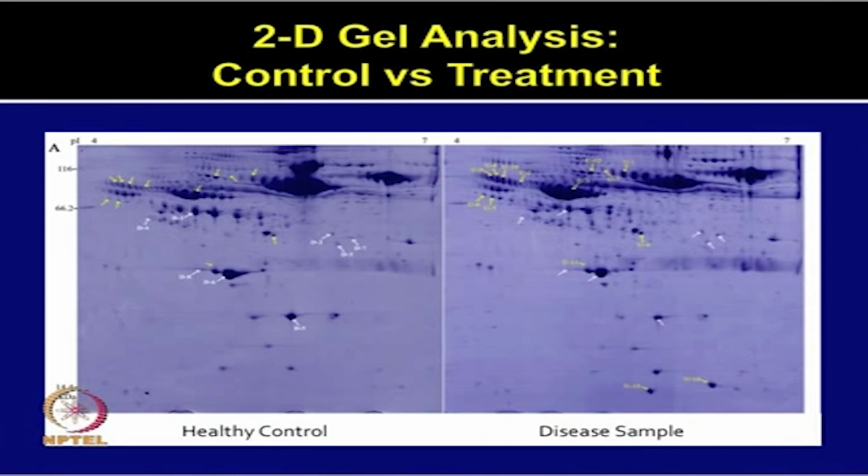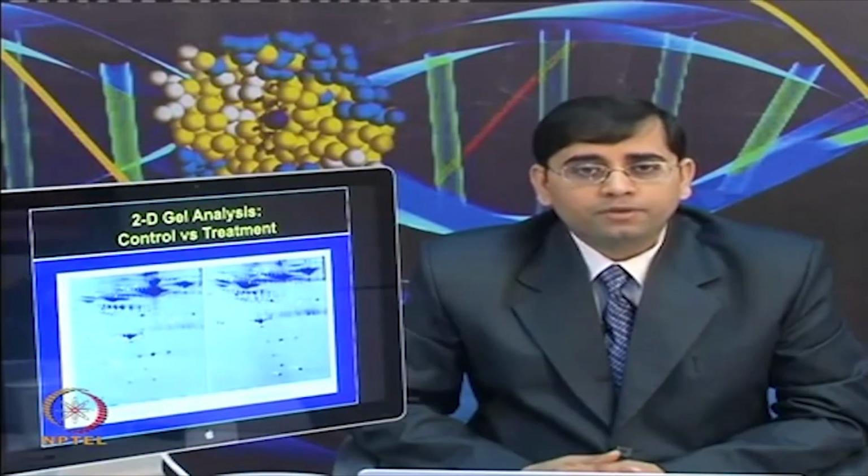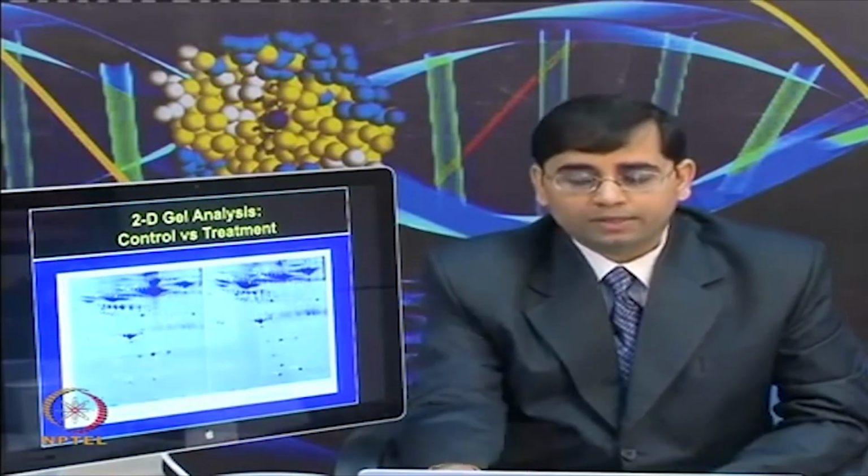One can look at different healthy controls and different disease samples to see what is happening to each spot, and whether there is statistical significance for their overall change, if it is going up or going down, whether that is uniform in all the gels and how significant that is. All of this analysis can be performed by using different softwares.